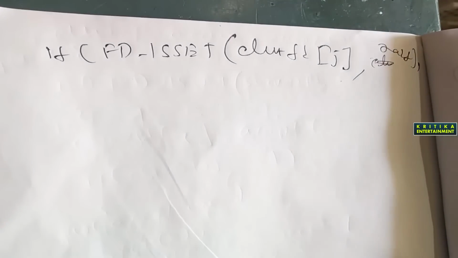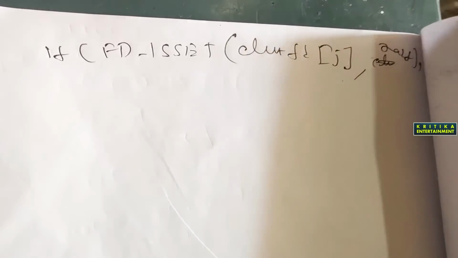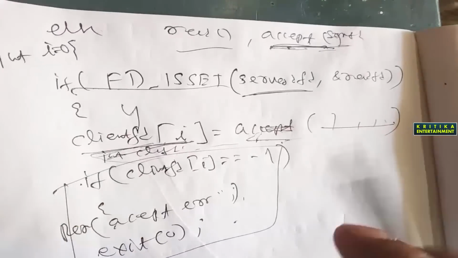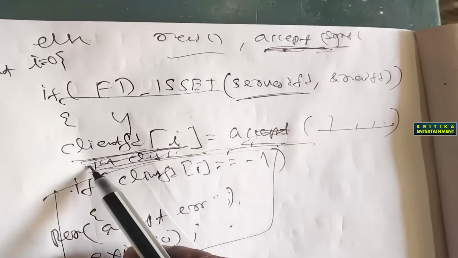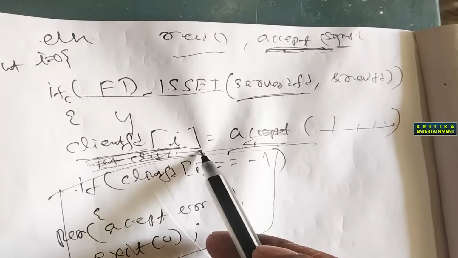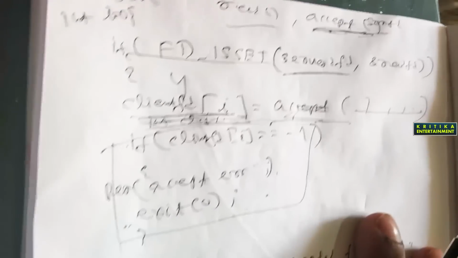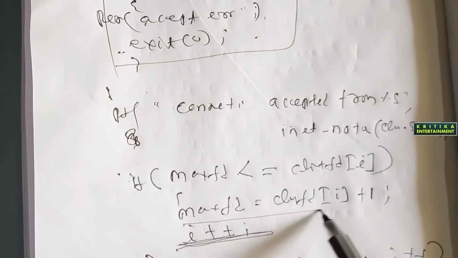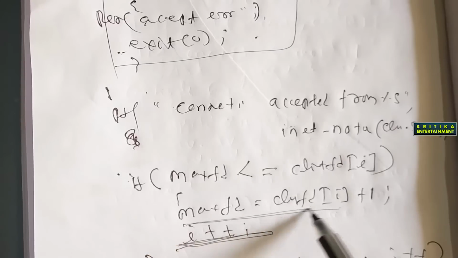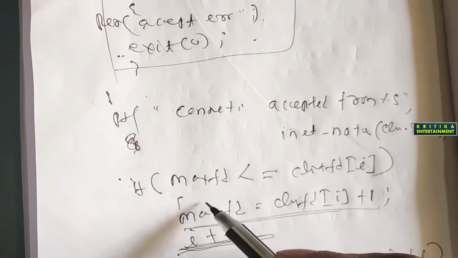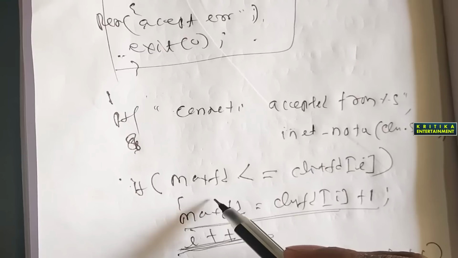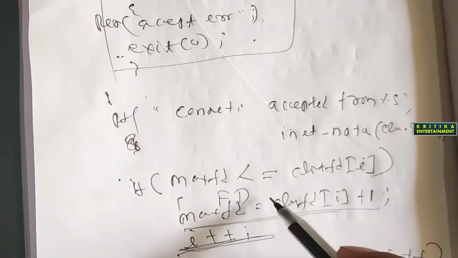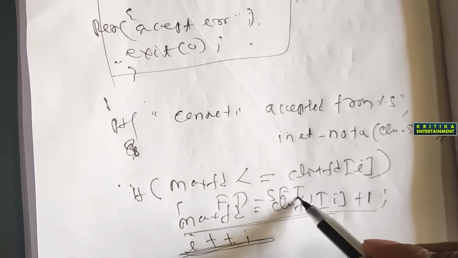I forgot to tell you one thing. This new FD returns from accept, and it should be added in the FD set. So after this, if it is the maximum FD, we write this, and here we add it by using FD_SET.